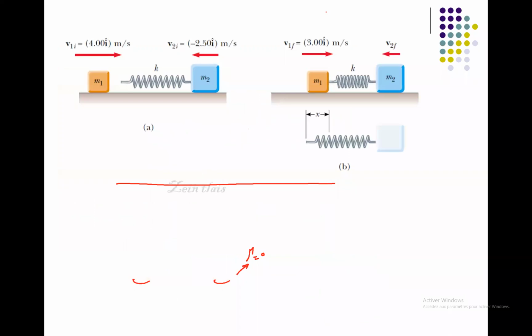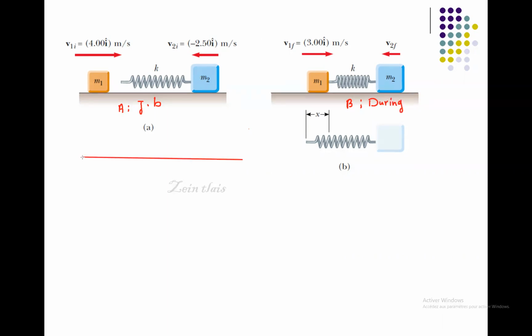Let me explain the situation before. Here we have state 1, let's say state A, just before collision, and we have state B during the collision, where we have a compression of the spring, and finally we have the final state where I have no idea about the velocities of M1 and M2.